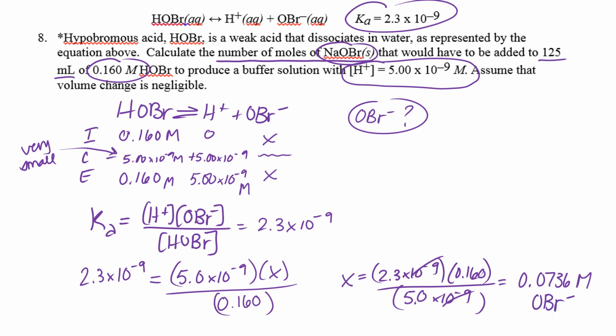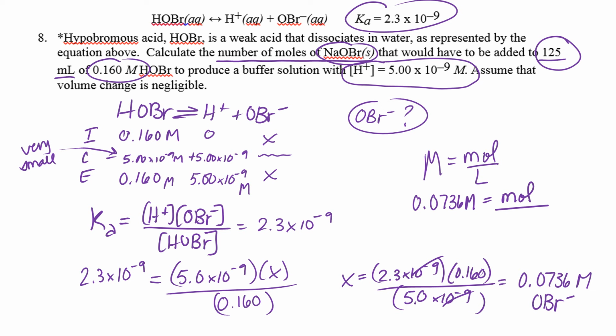But they want to know moles. Okay, so molarity is moles per liter. The molarity is 0.0736. The moles are what we're trying to find. And the volume, okay, here's why they give us that volume. It's 0.125 liters.